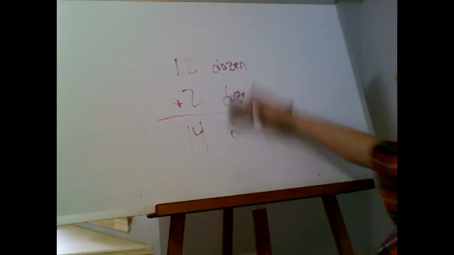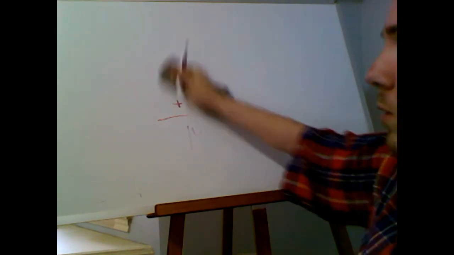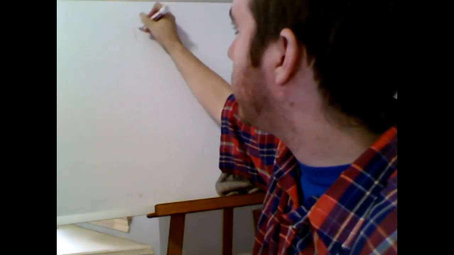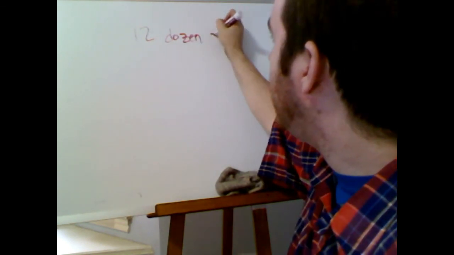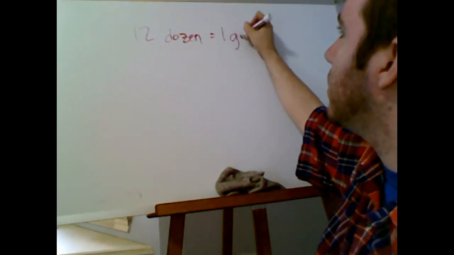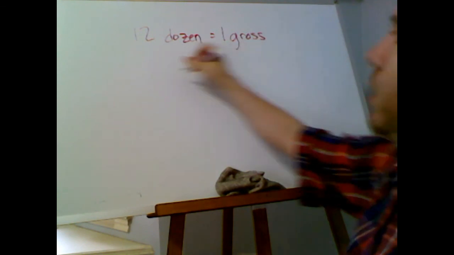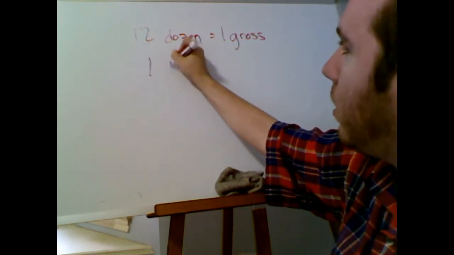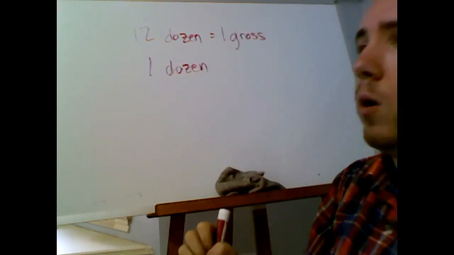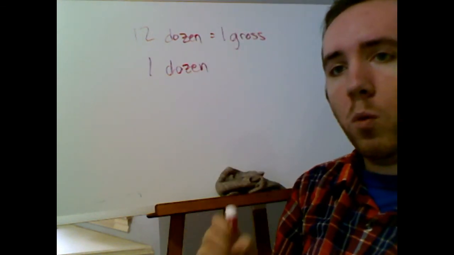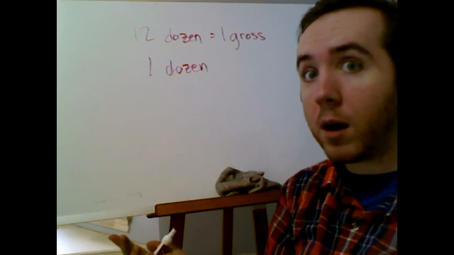This next question asks about how many gross that is. Well, if 12 dozen equals 1 gross, then something to know is that 1 dozen isn't a whole gross. 1 dozen is just a part of a gross.